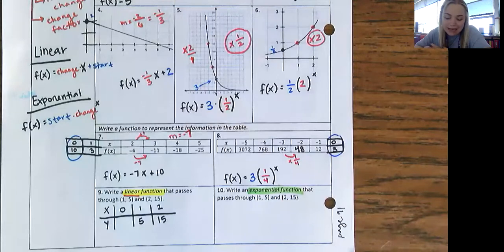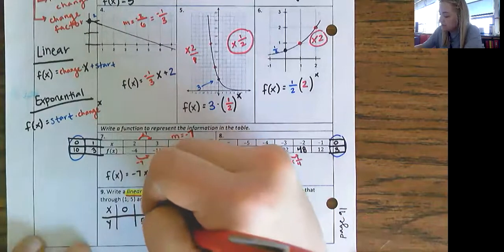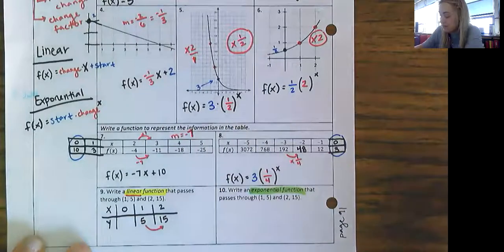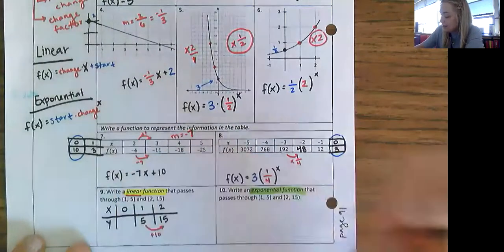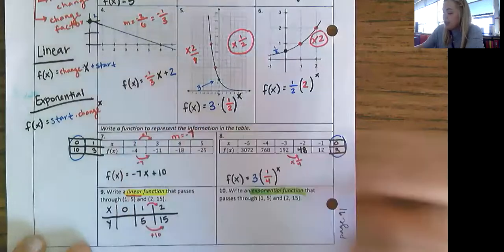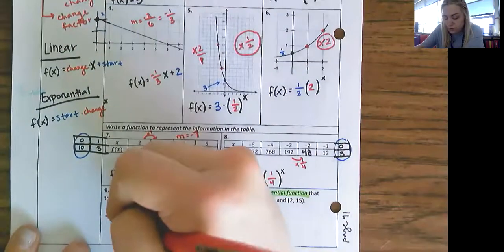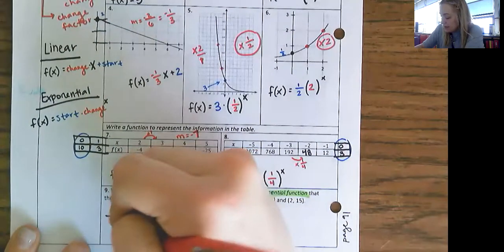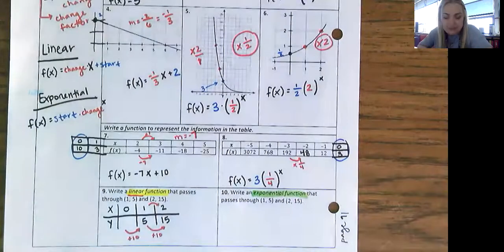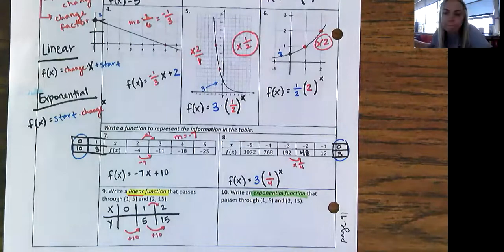So what is an adding pattern to go from 5 to 15? Well, from 5 to 15, I add 10. And up here, I'm adding 1. So I need to find something else that when I add 10, I get positive 5. What number goes in that blank? You could subtract 10.